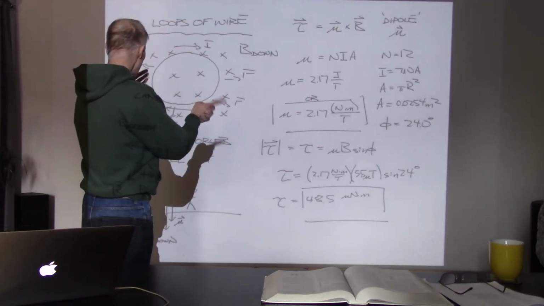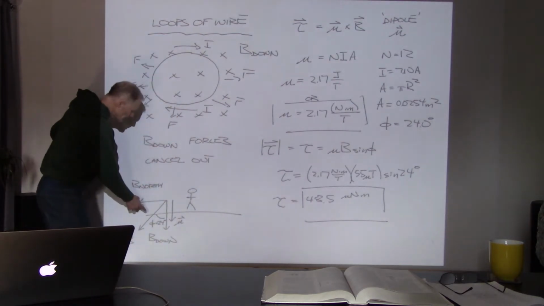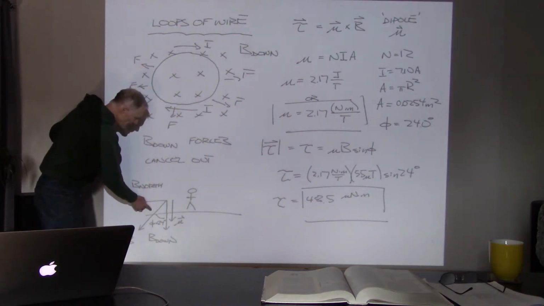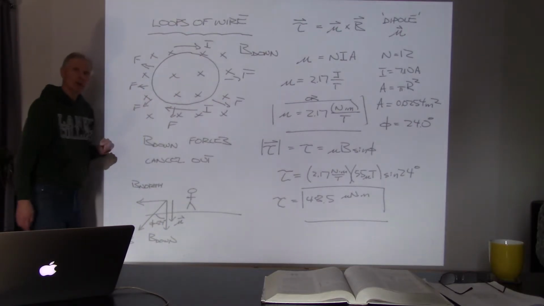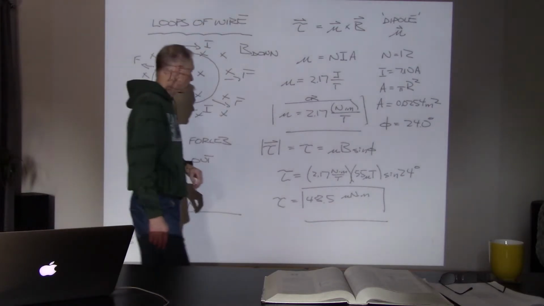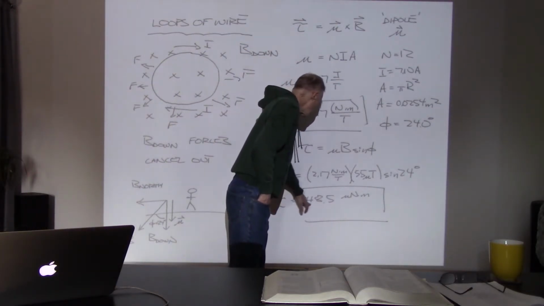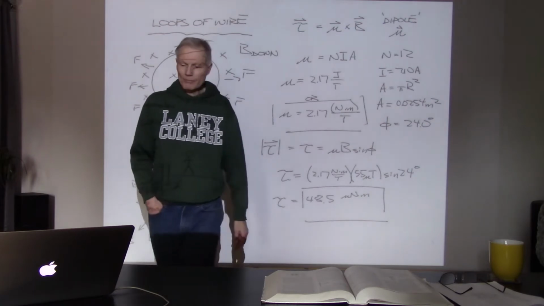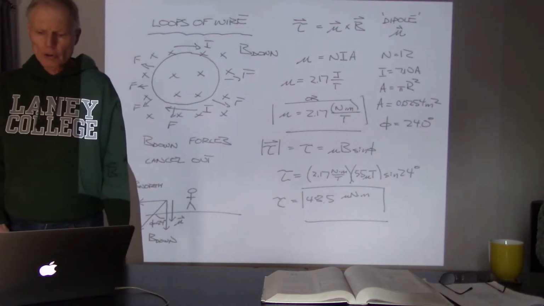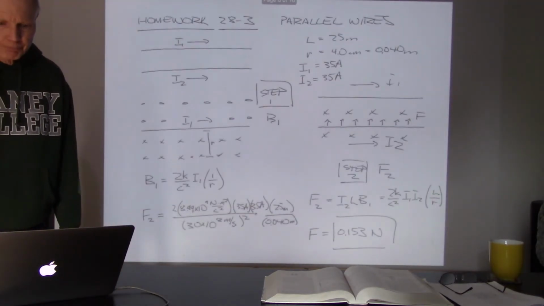Now, it's not the dip angle. The dip angle we were looking at before was up here. Cosine of 66 is the same as the sine of 24. And the torque then worked out to be 48.5 micronewton meters. So it's not a very large torque.